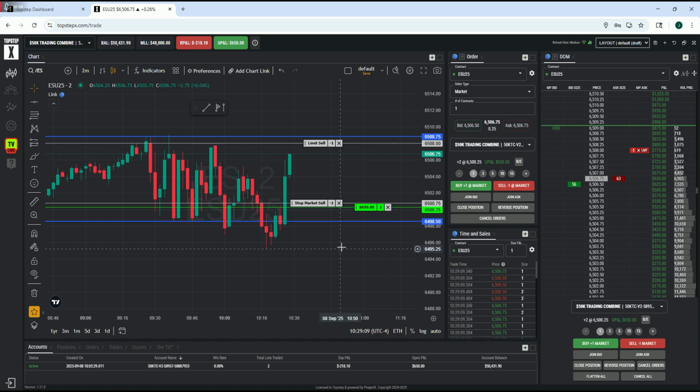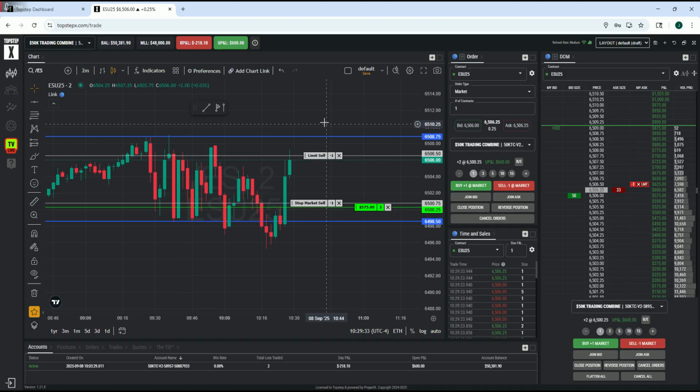Down 218 on the day. Open PL 650. Come on. Starting to hesitate a little bit.